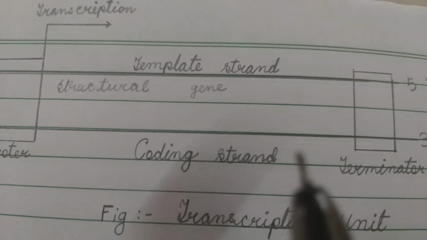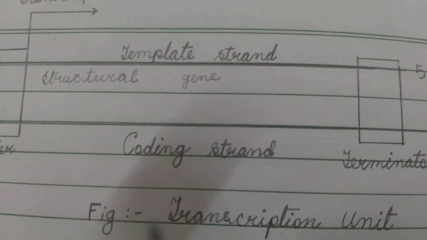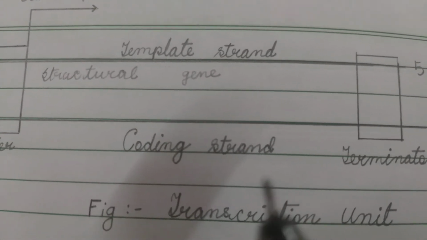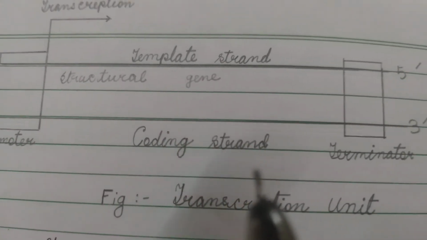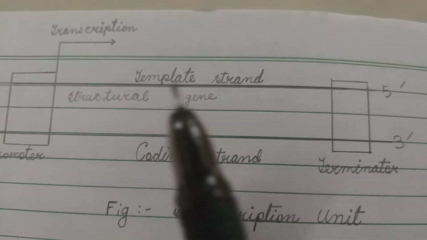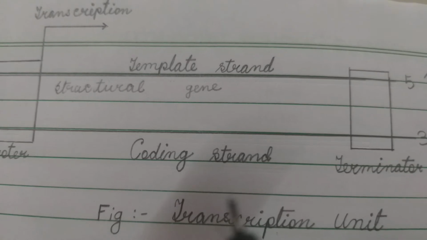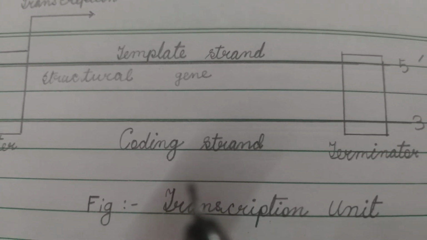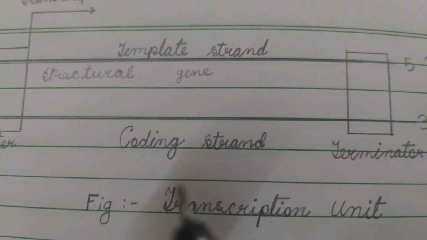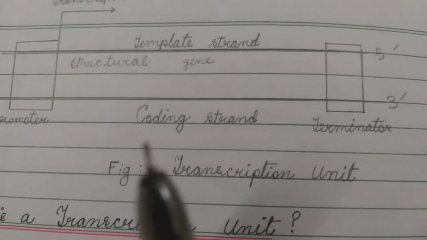The polypeptide is responsible for our traits, our morphology, our phenotypes. That means the structural gene is responsible for the expression of our phenotypes, morphology, or characteristics.